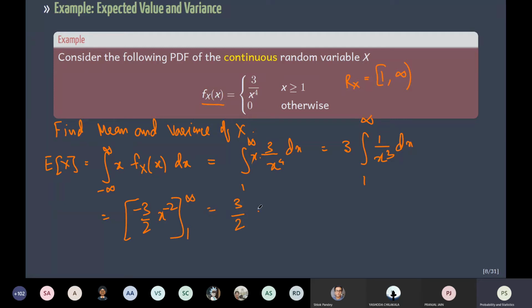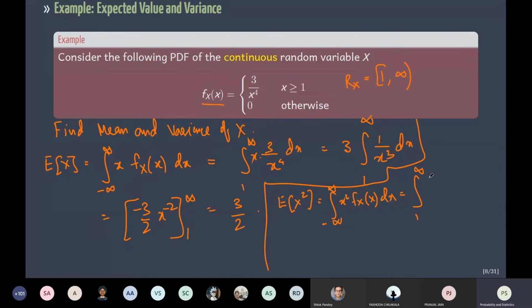So this is the expectation of x, and then if we compute the other part, the expectation of x square is minus infinity to infinity x square f(x) dx, and this is integral 1 to infinity 3 by x square dx, and this is equal to minus 3 x inverse from 1 to infinity, and this will come out to be just 3.